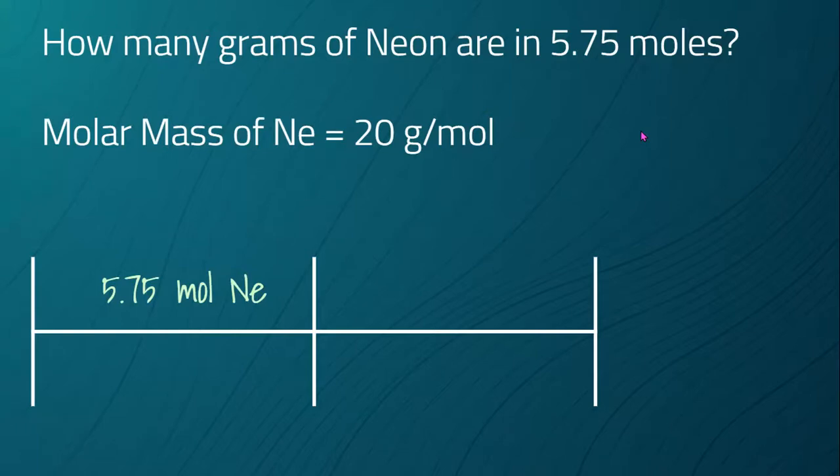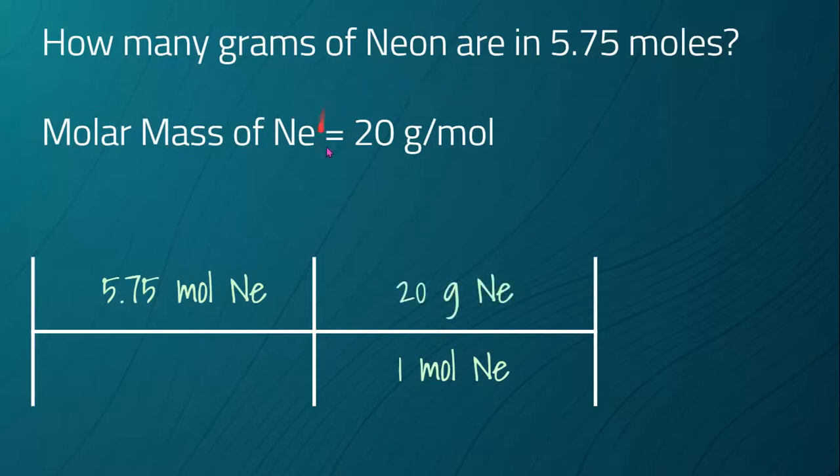Now, since I have moles of neon up, I need to put moles of neon diagonal down. And the conversion factor we are using to convert moles to grams is 20 grams per mole. So I'm going to put 1 mole of neon diagonal down so that the moles of neon cancel out, and I will put the 20 grams on top.